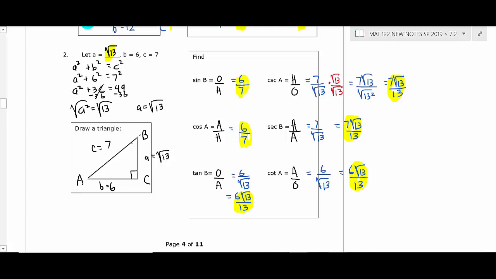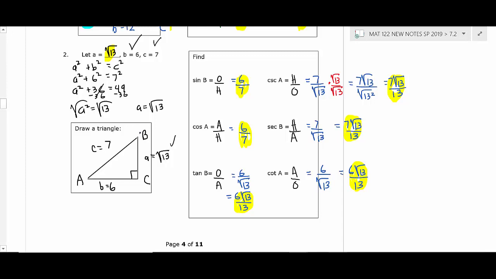Side B is opposite angle B, that was given as 6. And side C is opposite angle C, so that was given as 7. I did the Pythagorean Theorem on that, and when I plugged that in and solved the equation, you would end up getting the square root of 13.